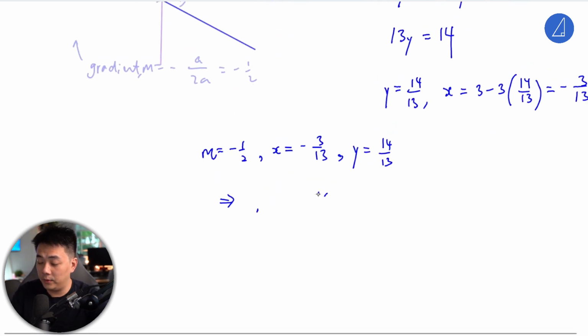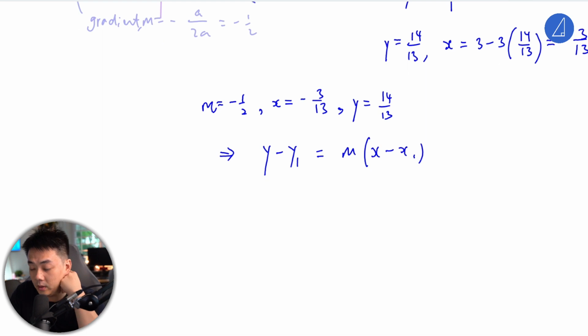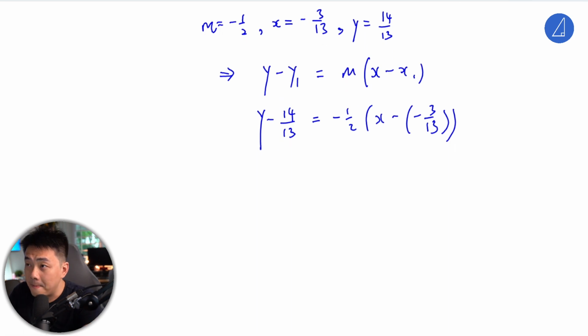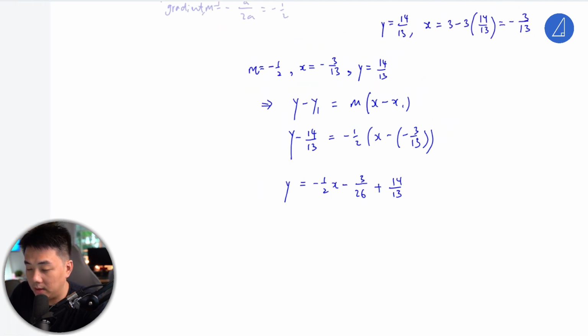Usually what I prefer is y minus y1 equals m times (x minus x1), because it's faster and I don't need to find c. So it's minus half times (x minus 3/13). Key in the calculator and there will be minus 3/26. There will be your answer there.